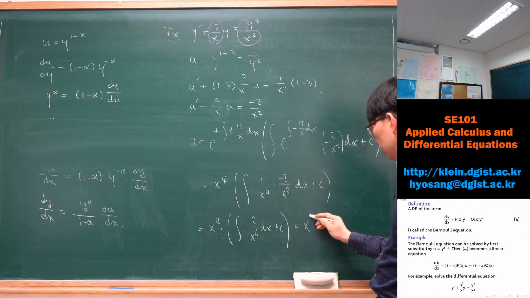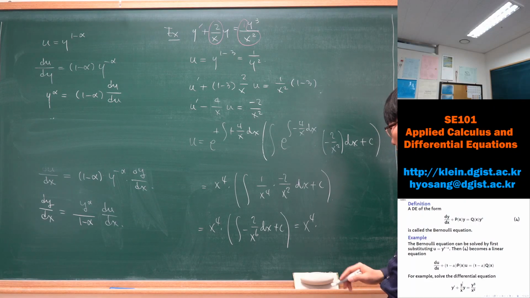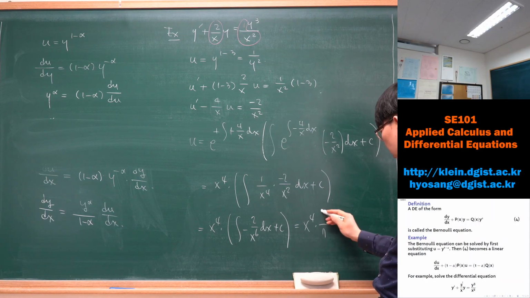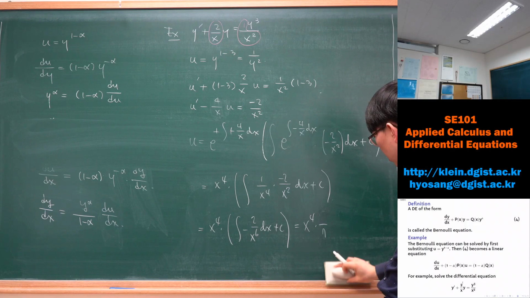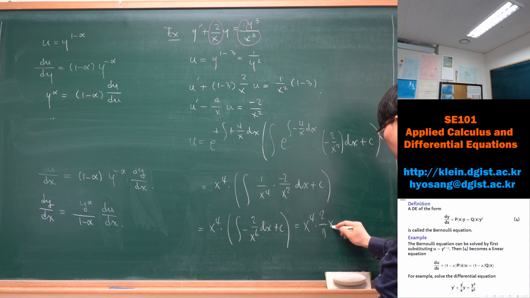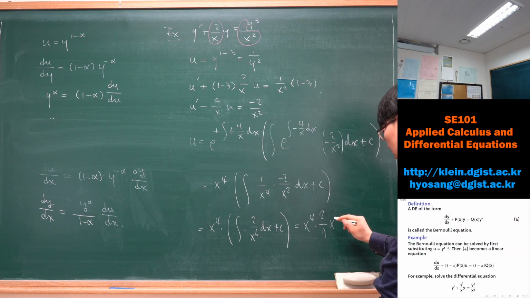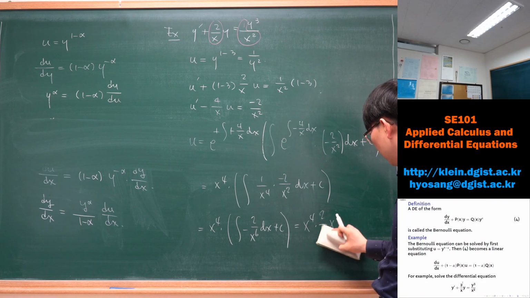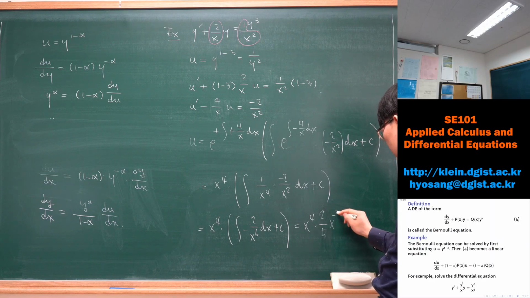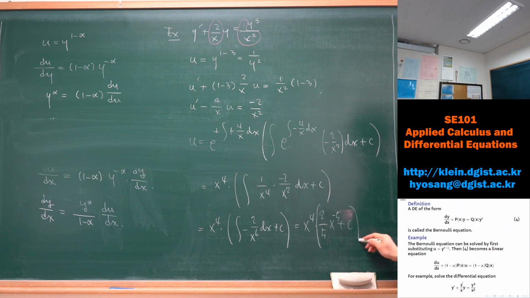So this is 2 over 7, sorry. Oh no, 5, sorry. So minus 5 and plus c.